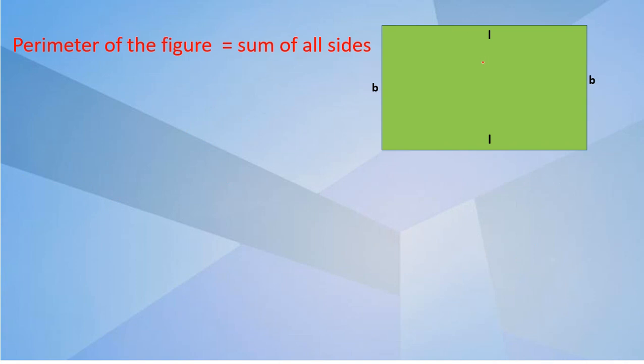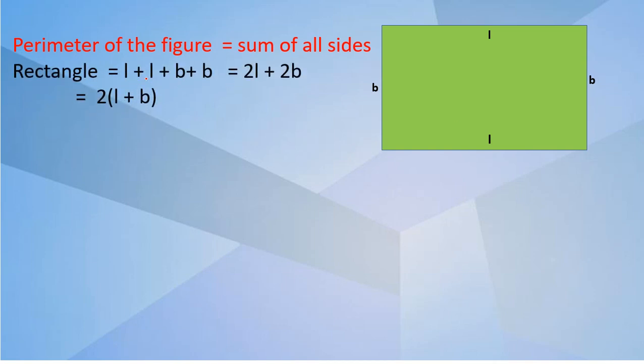If we consider a rectangle, L denotes its length and B is the breadth. So the perimeter of this rectangle is L plus B plus L plus B, or we can say 2L plus 2B. When we take 2 common, we get twice of (L plus B) is the perimeter of the rectangle.